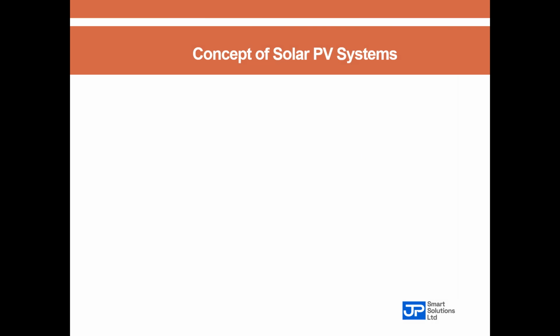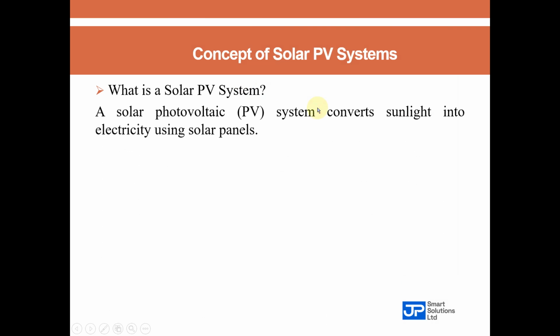So the first question that comes up is, what is a solar PV system? Now, PV is just an acronym for photovoltaic. So a solar photovoltaic system is one which converts sunlight into electricity using solar panels. It doesn't have to be complex. Just converting sunlight to electricity using solar panels.